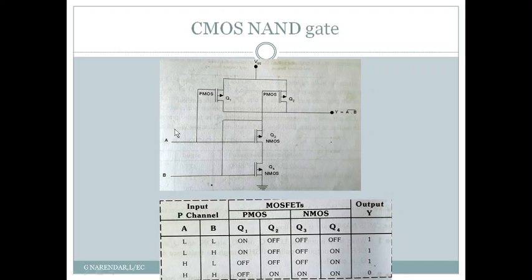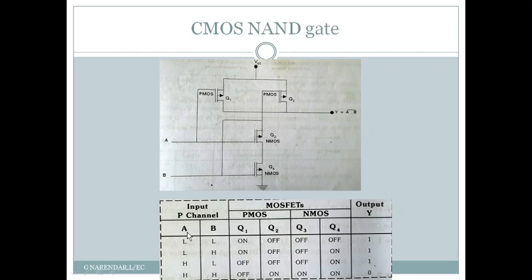So we'll be applying the various combinations of inputs, and for each combination we look at the working of this circuit arrangement, and we'll finally find out what is the output of this circuit for each combination of input. For this the total working of this CMOS NAND gate is summarized into this table.